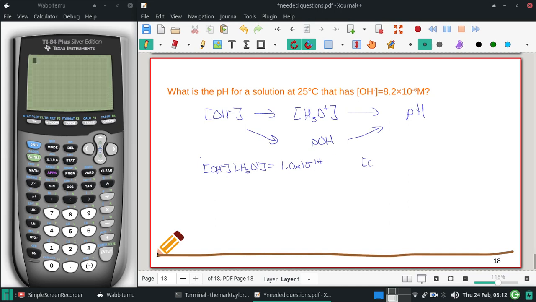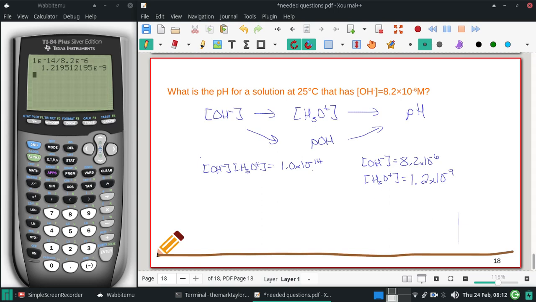Therefore, if the OH is 8.2 times 10 to the negative 6th, its H3O concentration can be found by taking 1 times 10 to the negative 14th and dividing that by 8.2 times 10 to the negative 6th. And we get an H3O concentration of 1.2 times 10 to the negative 9th.